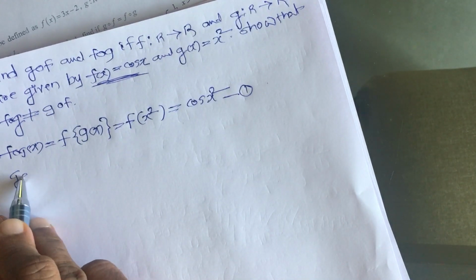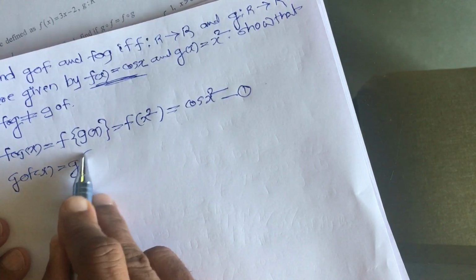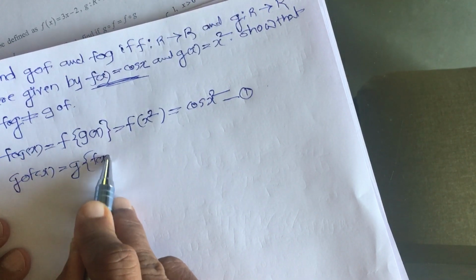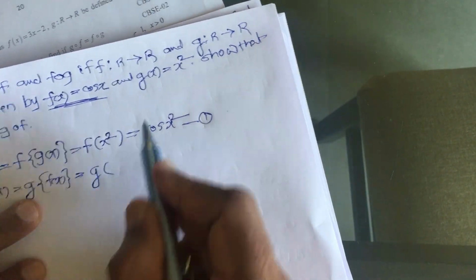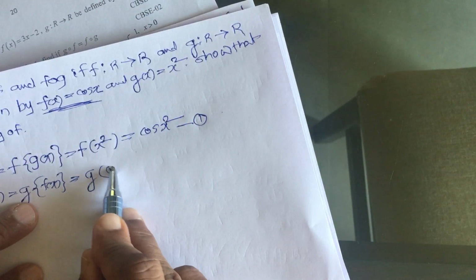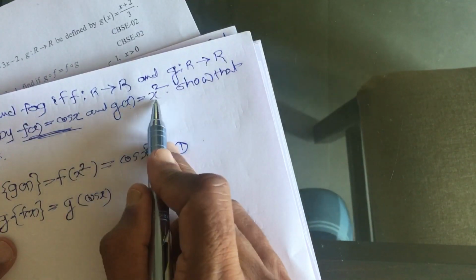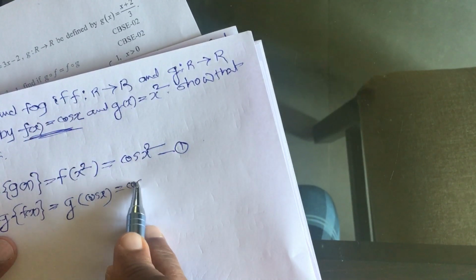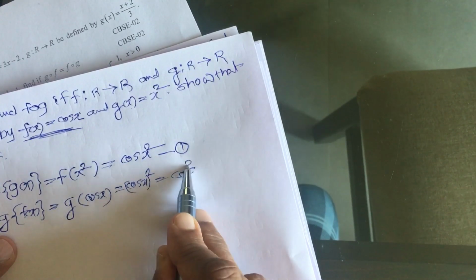Now, g composite f of x, which is g of f of x, and f of x is cos x, and g of cos x means put x equal to cos x, so it becomes cos x whole square, and it is cos square x.